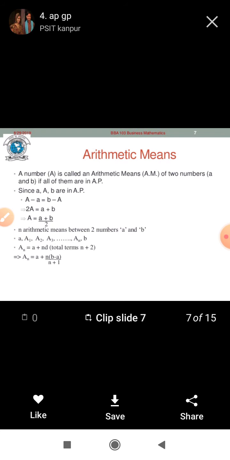So by solving this, we get 2A is equal to a plus b, and A is equal to a plus b by 2. This is the arithmetic mean in arithmetic progression.